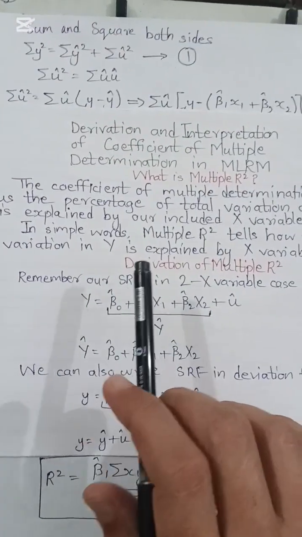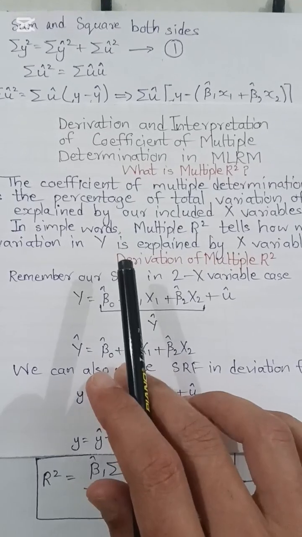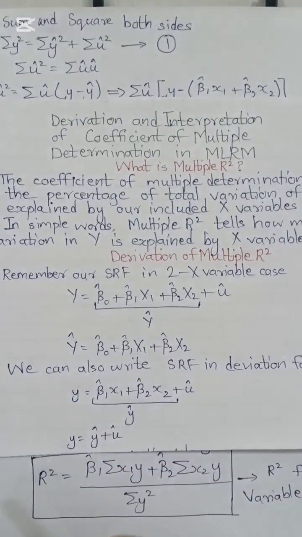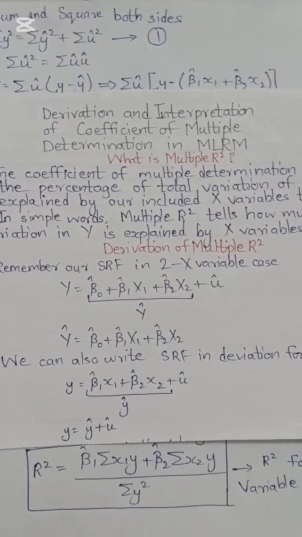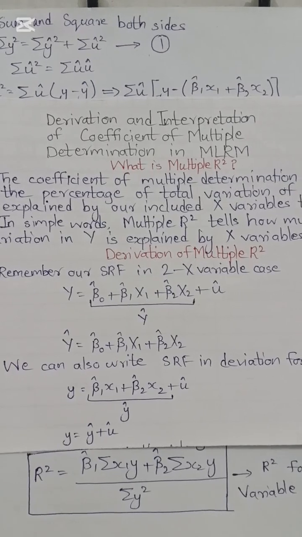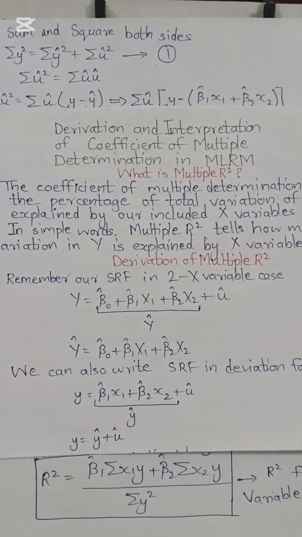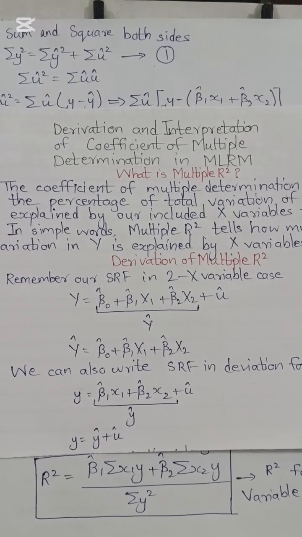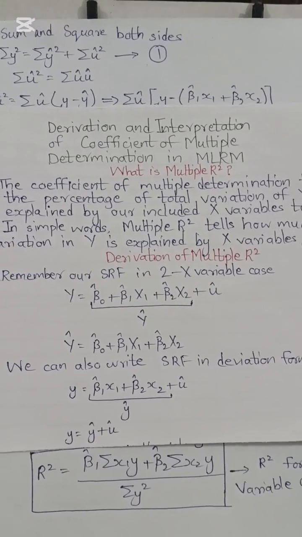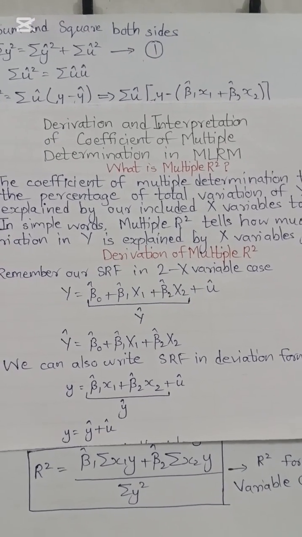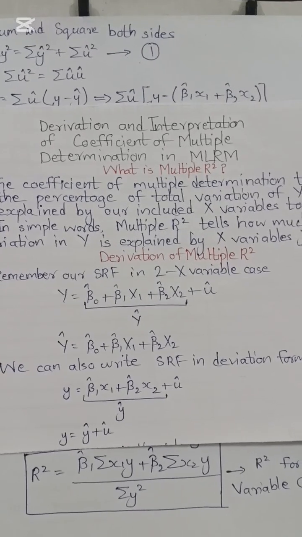For example, suppose the coefficient of multiple determination R square equals 0.9 and our model is a consumption function where the independent variables are the price level, the interest rate and the disposable income.